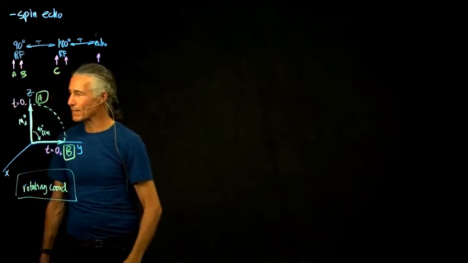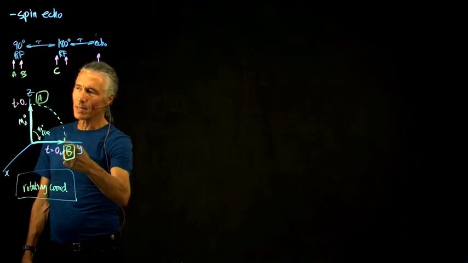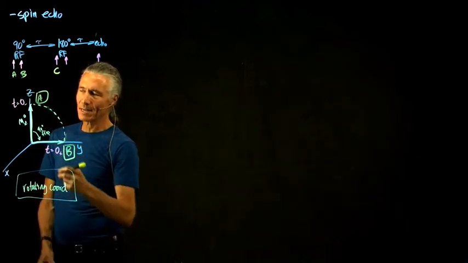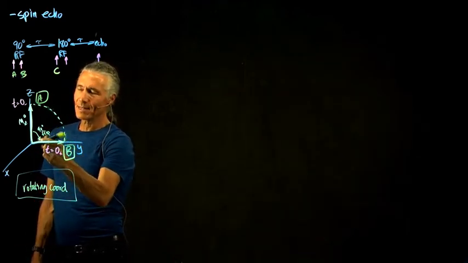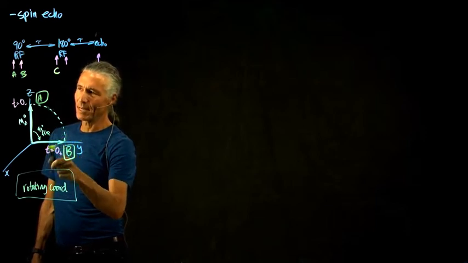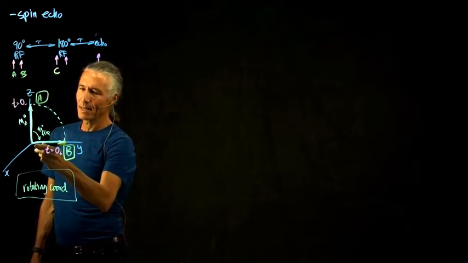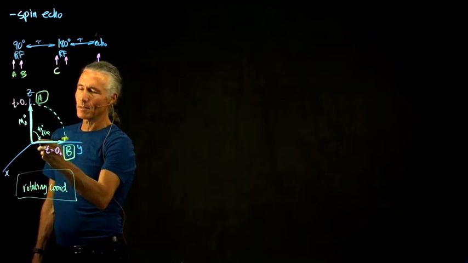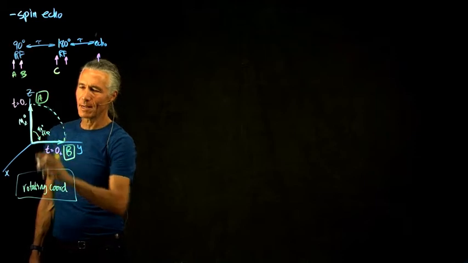And what is that going to do? In the rotating coordinate system, if the B0 field is slightly different than our rotating coordinate system angular velocity, then these vectors will start to move. So they'll start to move in the xy dimension.